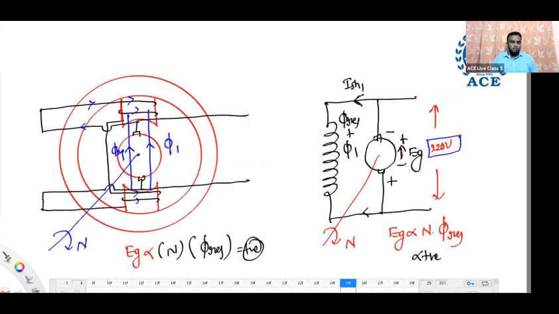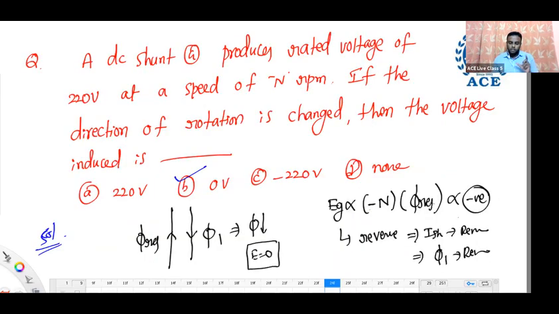See, this figure you have to consider as a reference diagram. Rotation is clockwise. EMF is positive polarity, means here in the upward direction. Field current is in the upward direction. With this field current, flux phi1 is in the upward direction. Now both fields are in the same direction. Voltage builds here. Now according to the question, we are changing. What is the question? Direction of rotation reverse.